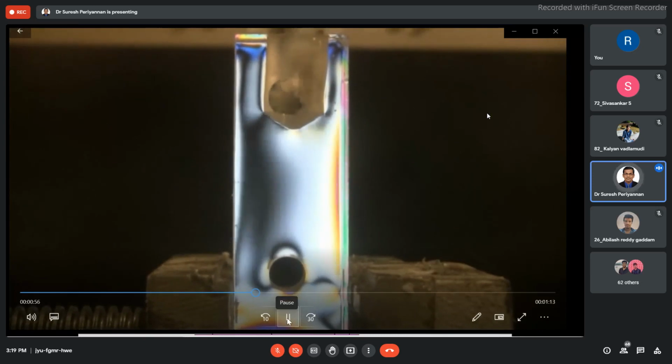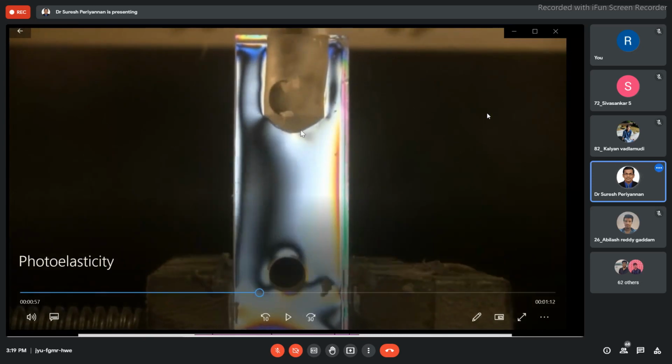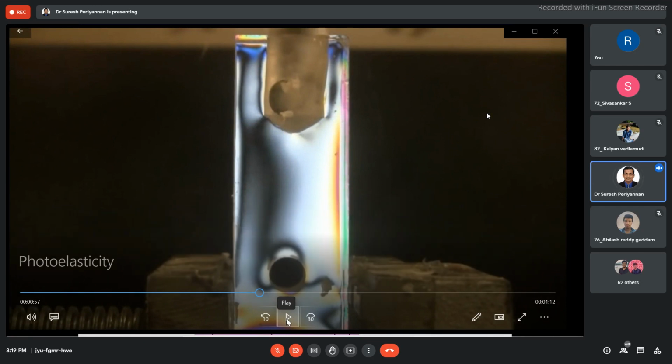Yeah, now see here, you can clearly see this. The tip of the drill bit, you can see this here more stress concentration. I mean, it can be observed with the help of the photoelasticity concept.